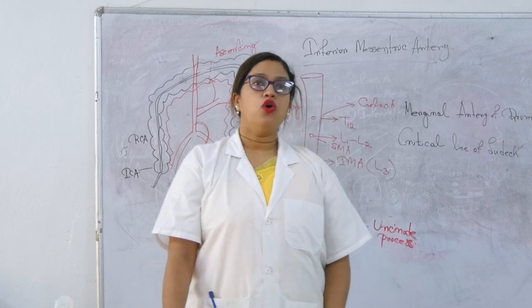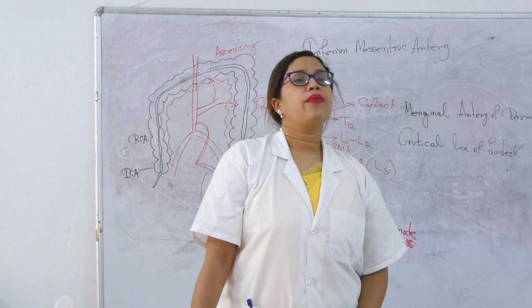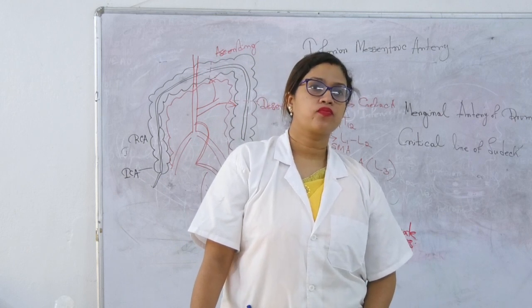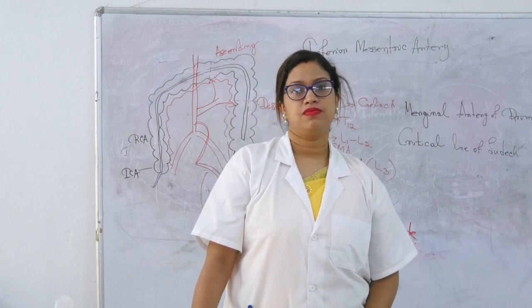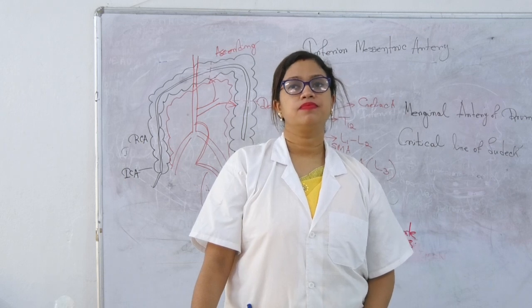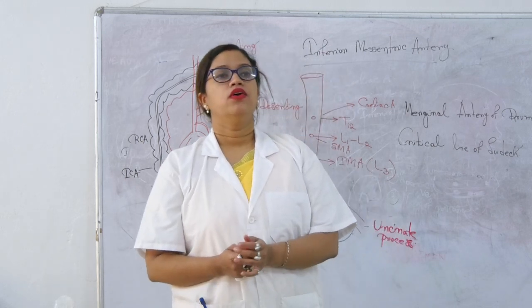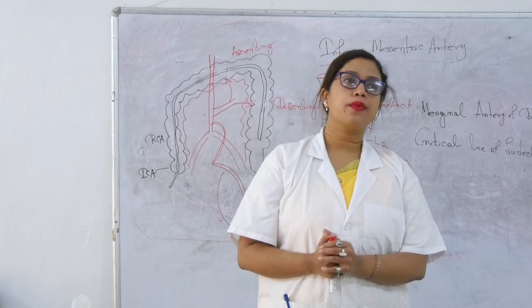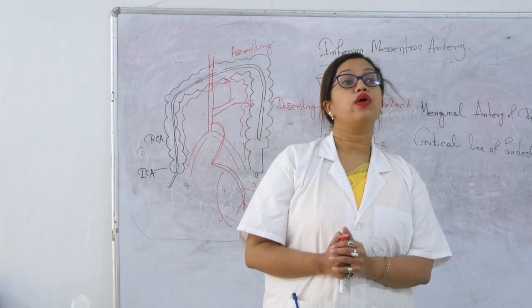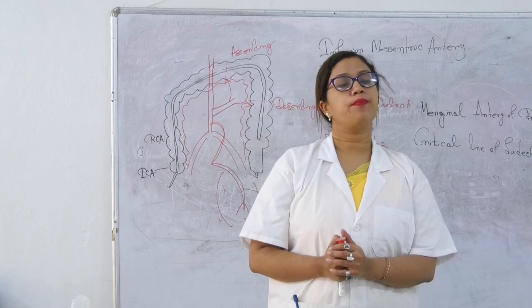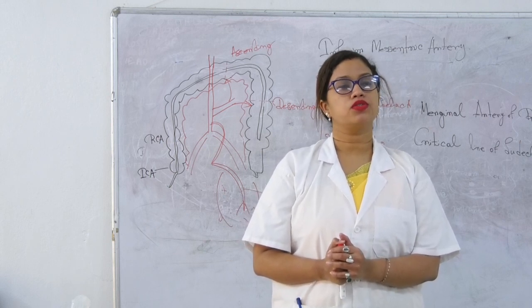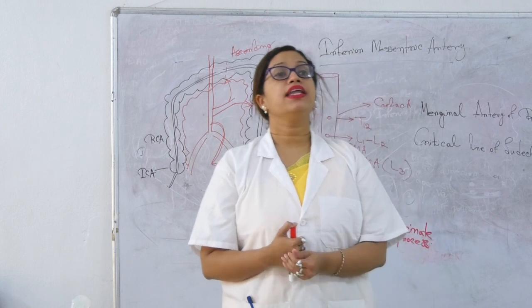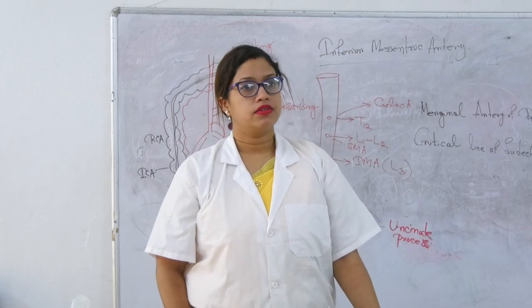So what are the branches of the pancreatic artery? First one is arteria pancreatica magna, or major pancreatic artery. Another one is the caudal pancreatic artery, which will be supplying the tail of the pancreas.